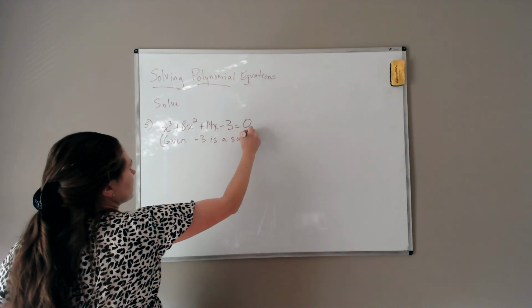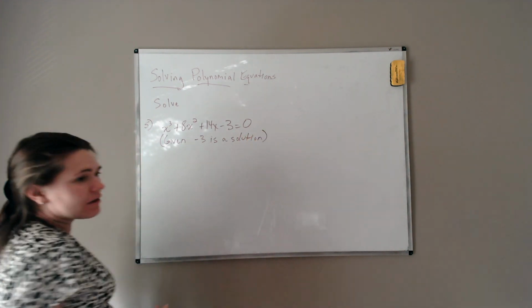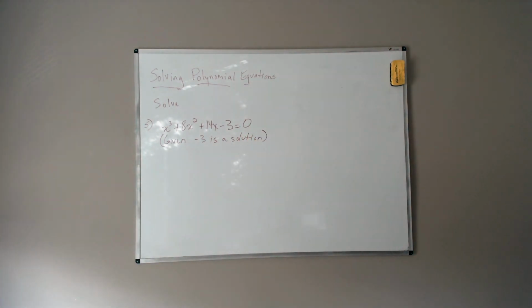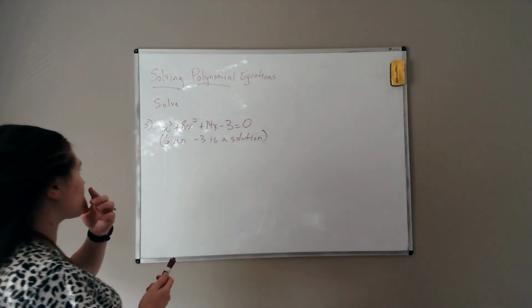It could also say negative 3 is a root. If you're asked to find the roots, you're asked to find the values of x when the output is 0.